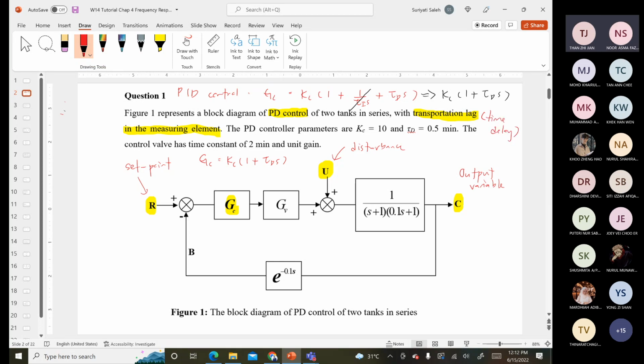The measuring element in this case refers to the GM. So the GM in this case will be e to the power of negative 0.1 s. That is what is meant by transportation lag. That means you have a lag during the process. Lag in this case refers to the response delay. How long it has been delayed is 0.1. So the time delay for this part is e to the power of negative 0.1 s.